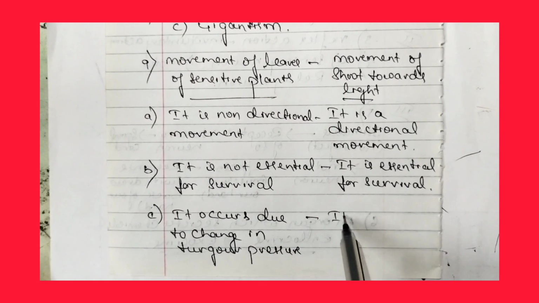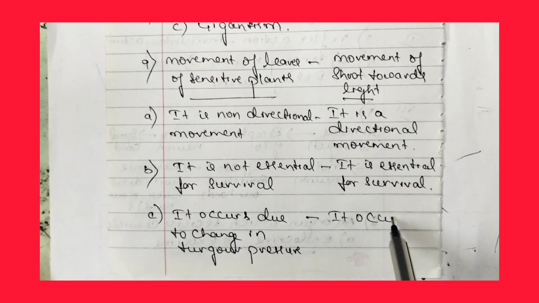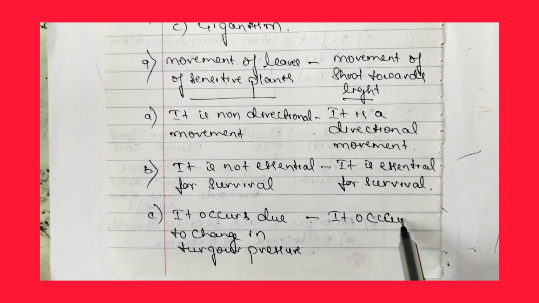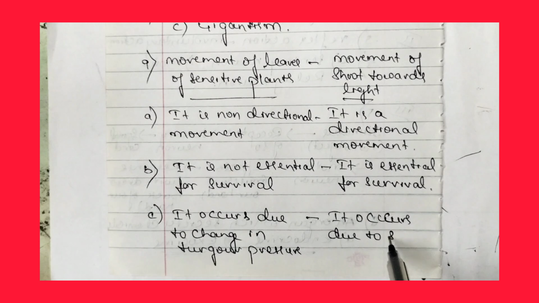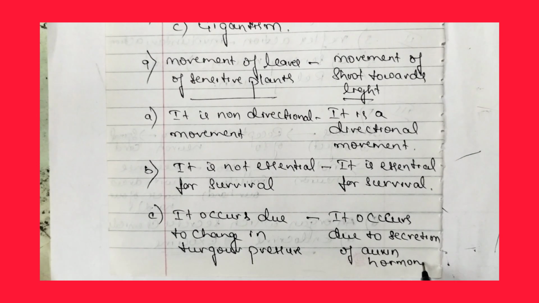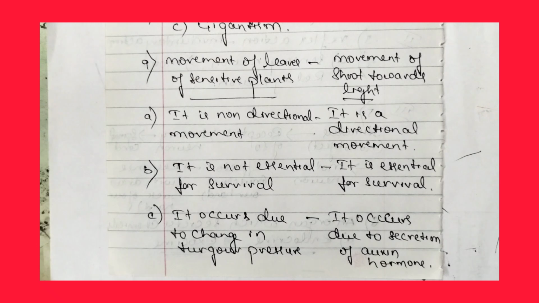Whereas the stem will bend towards the sunlight due to secretion of auxin hormone. So these are the differences between movement of leaves of sensitive plant and movement of shoot towards light.